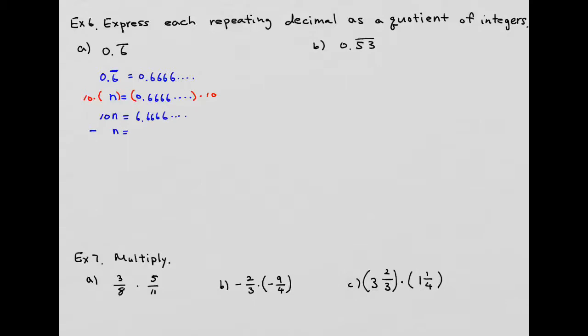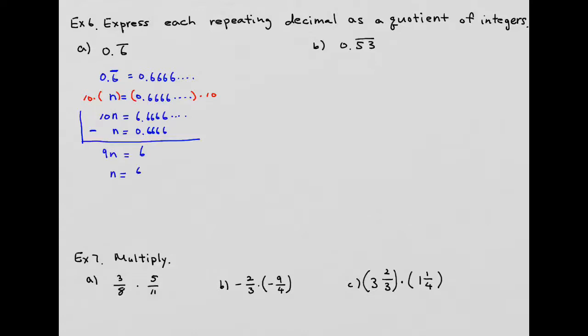And I will subtract the n I had. What was n again? It was 0.6666. Then what do you get from those two, right? I will get 10n minus 1n, which is 9n. And this is going to be just 6. And when I solve for n, divide both sides by 9.